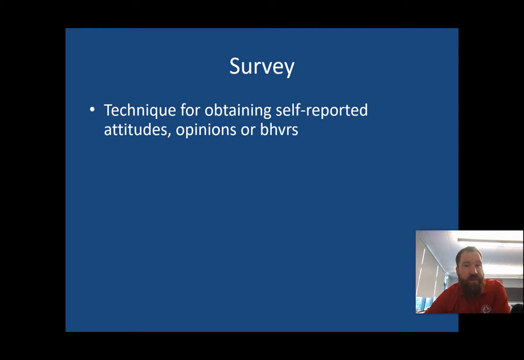Obviously, surveys therefore can have flaws in that just because I say I believe something doesn't mean that that's necessarily what I'm going to do. We see that a lot in political polling, right? Some argue that this happened in 2016 as an explanation for why a lot of the polls didn't show Donald Trump winning the election.